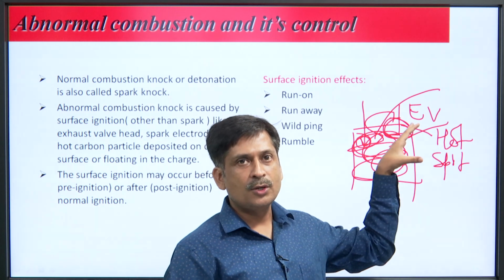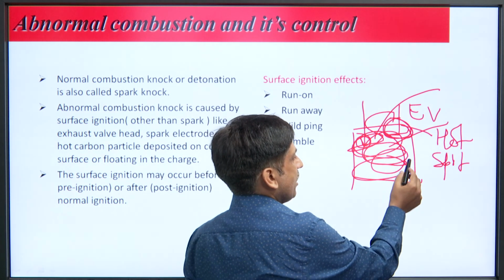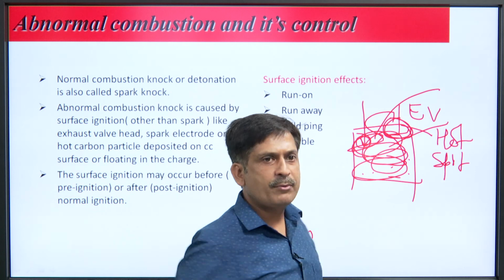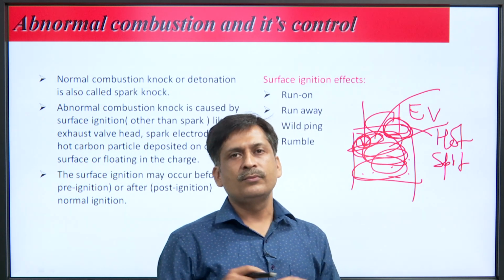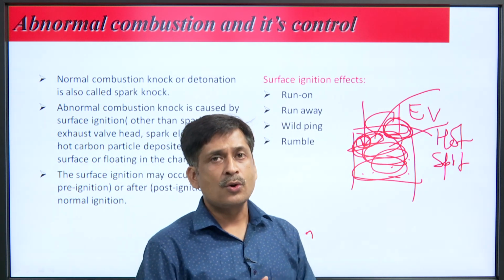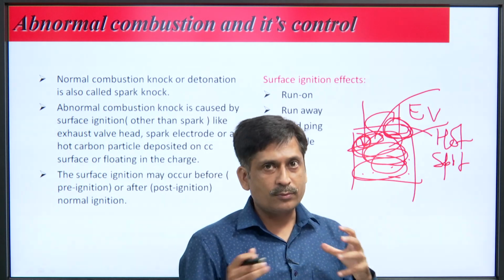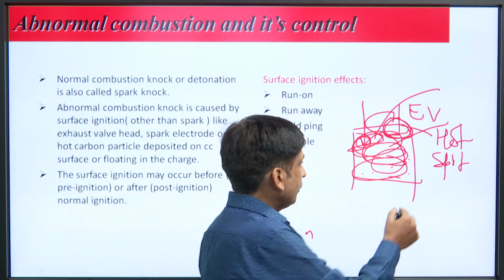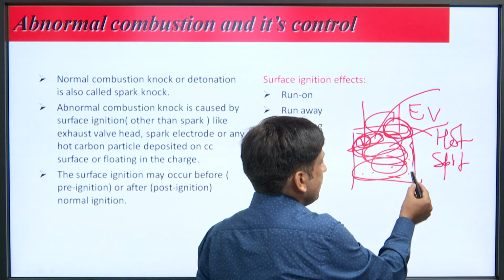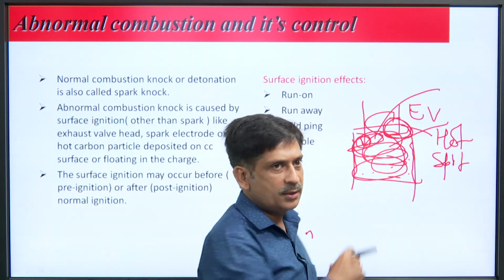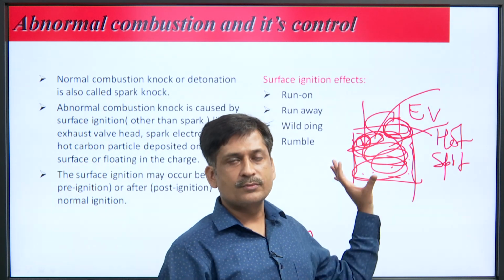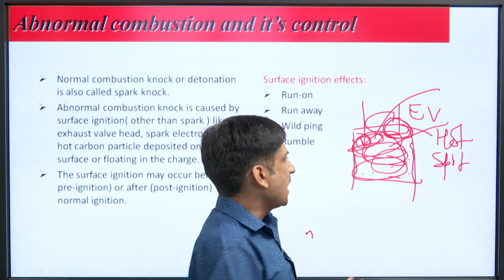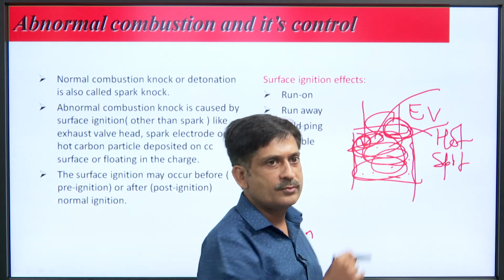So, the exhaust valve, or carbon particles, which are very poor conductors of heat, absorb heat. The carbon particles may be deposited on the boundary of the cylinder valves as well as suspended in the chamber.